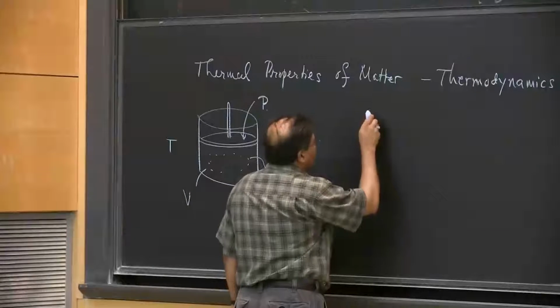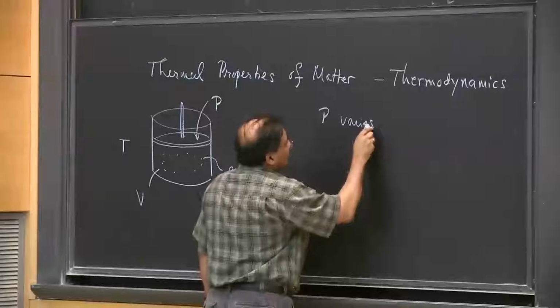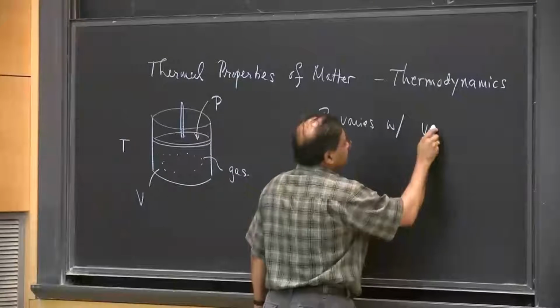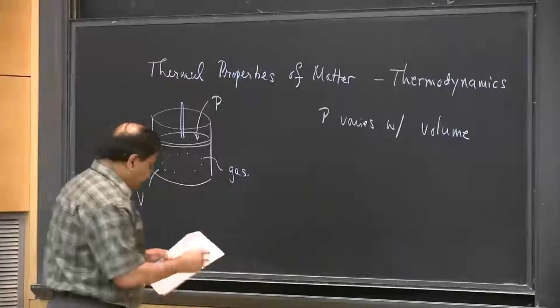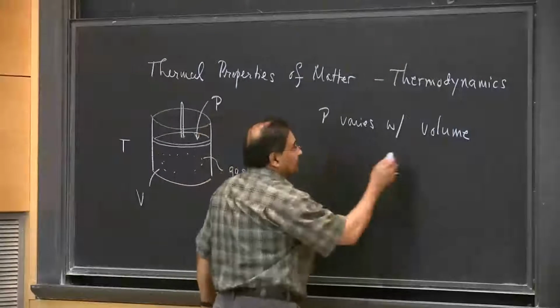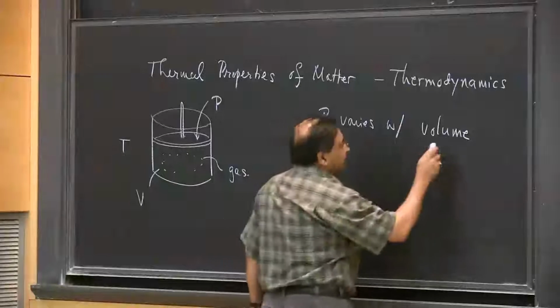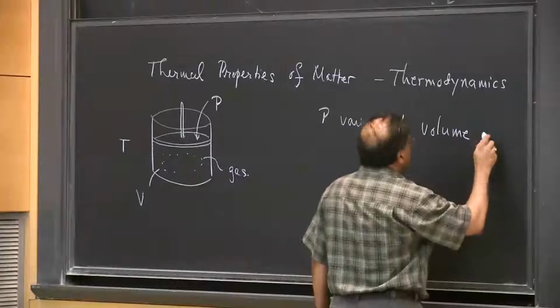For example, you can look at how pressure varies with volume. This is relatively easy because you know that pressure and volume would be inversely related. But because you have three variables, you must keep one of the variables constant to get a good idea.